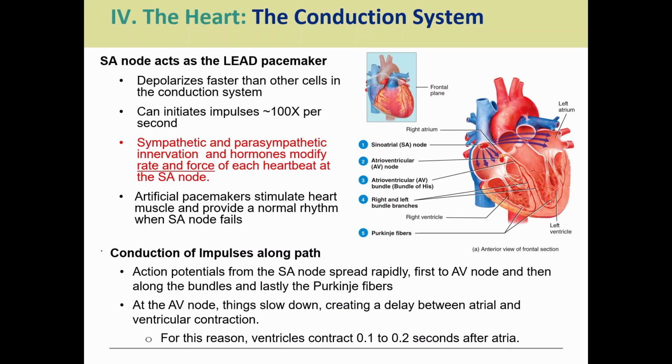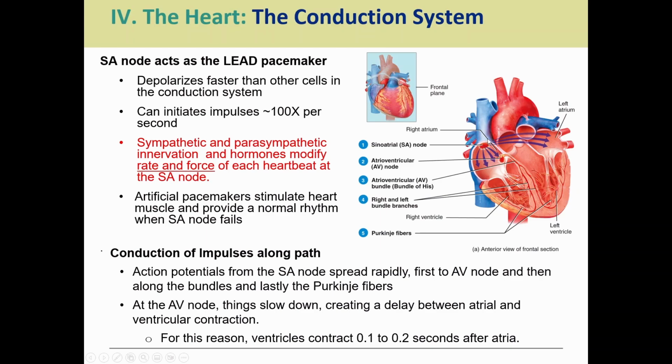So how does this travel along? We have, again, the sinoatrial, or the SA node. I'm just going to call it SA node on a test. We have action potentials come from there. They spread rapidly, and then the next thing they hit is the AV node. The AV node is then going to continue that signal on down through the bundles, and then Purkinje fibers all around, right?